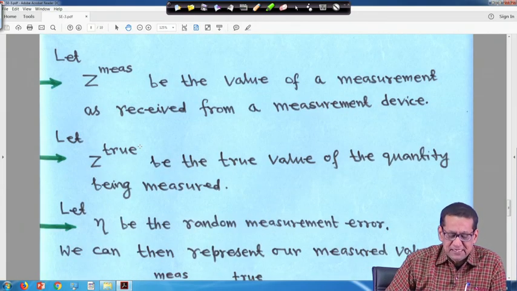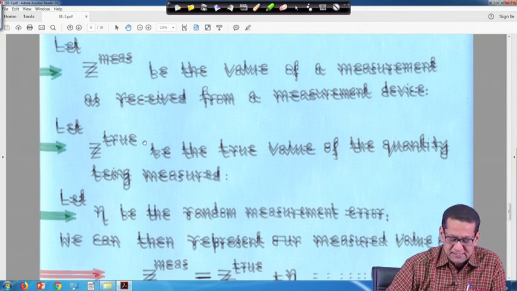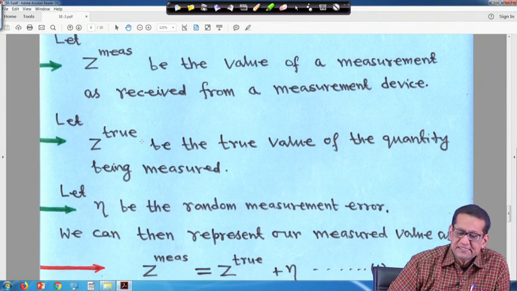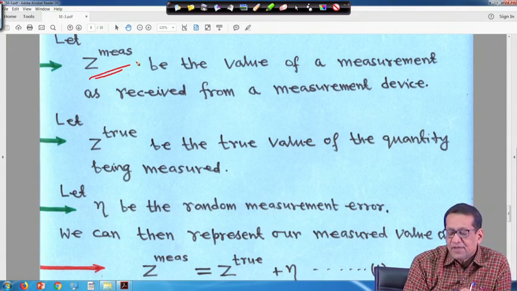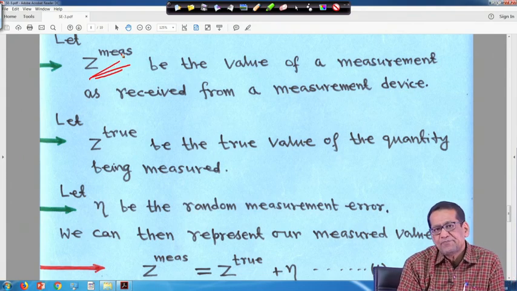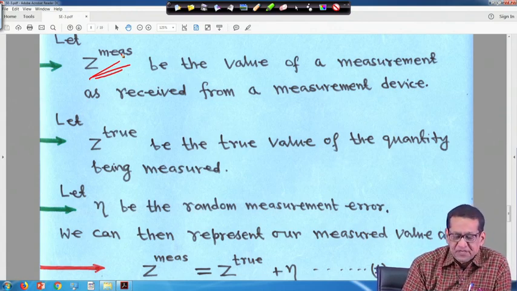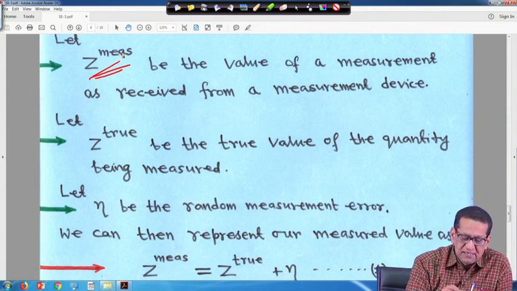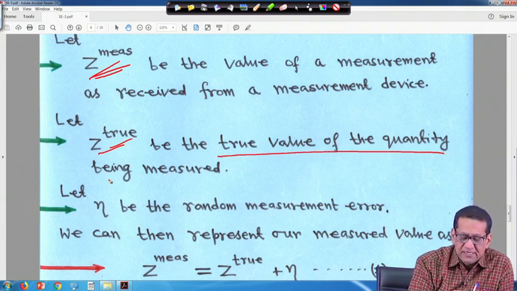Now let us assume that Z measured is the value of a measurement as received from a measurement device. It may be volt, it may be current in ampere, it may be megawatt, it may be megavar, right. And let Z true be the true value of the quantity being measured.